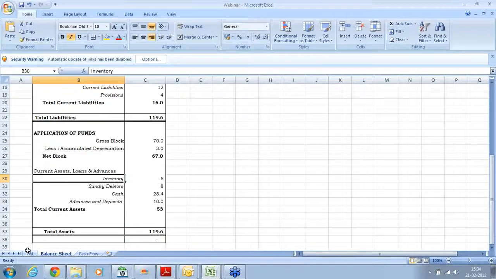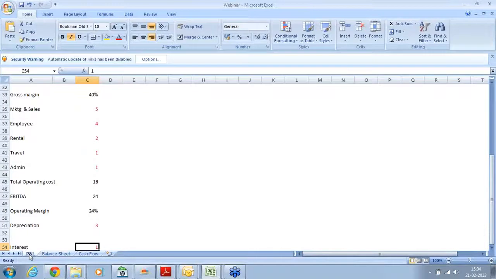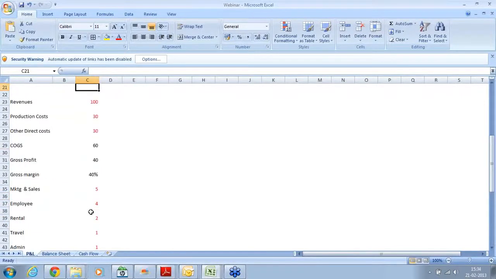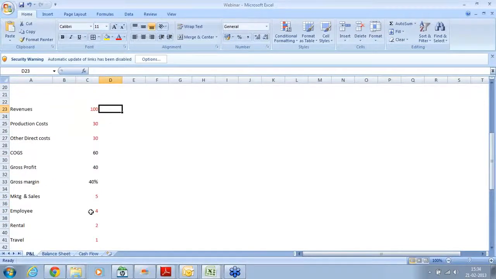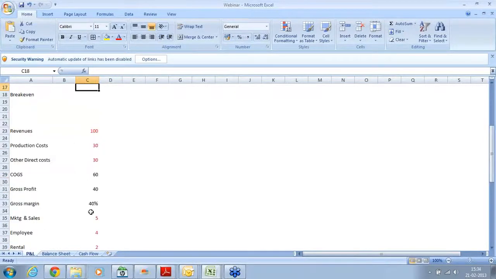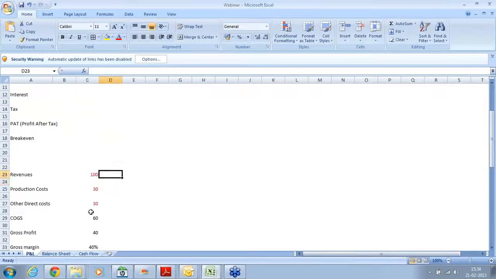even if you have a very high P&L, let's go back here. If you have, say, a 24% operating margin, that's a very good margin. But what is the use if 50% of this revenue is in credit? That means technically you may be earning 24 rupees, but 50 rupees is already locked in.